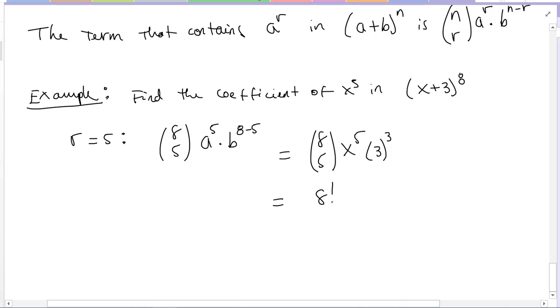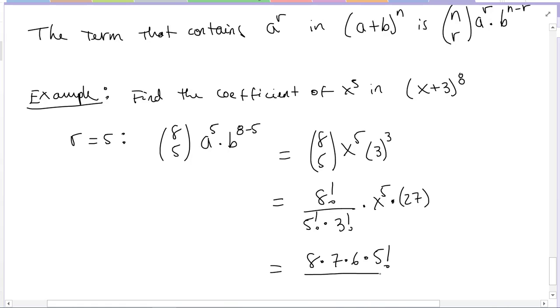So that will be 8 factorial divided by 5 factorial times (8 minus 5) factorial, so 3 factorial, times x to the fifth, and 3 cubed is 27. And so let's simplify the 8 factorial. So 8 factorial is 8 times 7 times 6 times 5 times 4 times 3 times 2 times 1. But I'm going to say times 5 factorial so that I can reduce it with the 5 factorial on the bottom.